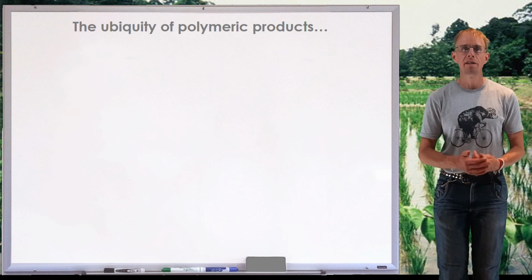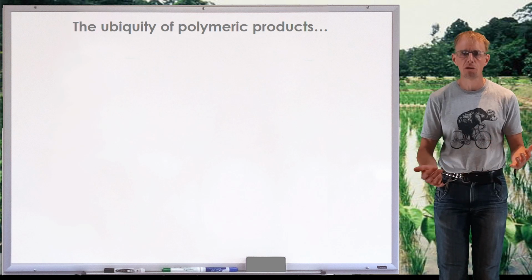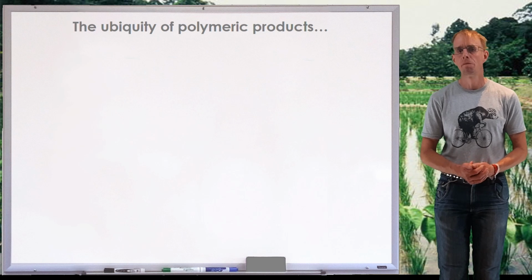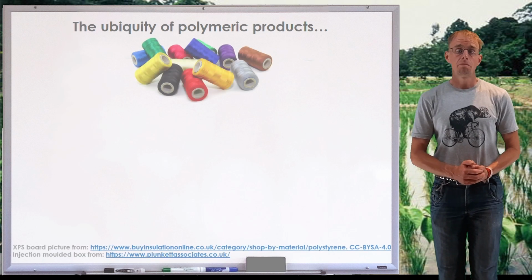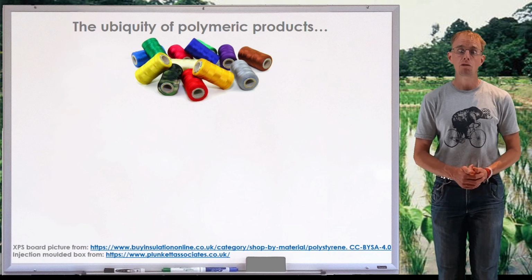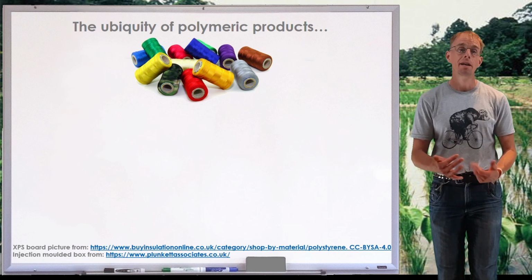You would struggle to find a household pretty much anywhere on the planet, all across the nations, that didn't have something in it that was a product of the polymer processing industry. For example, polyester yarns make a very large amount of clothing that is used globally. And polyester in this case might be, say, a polyethylene terephthalate.